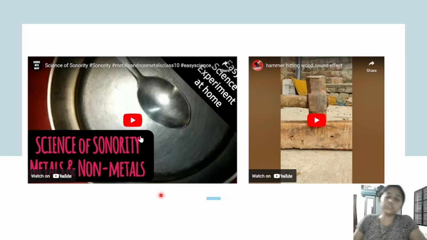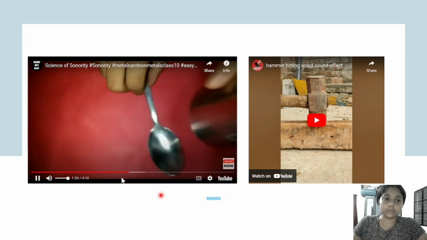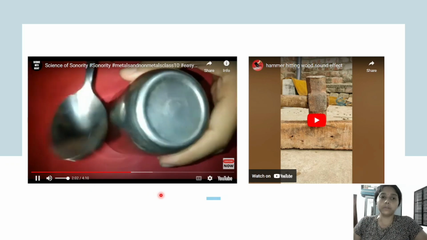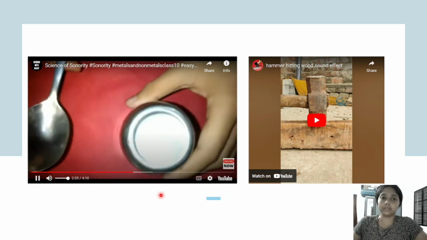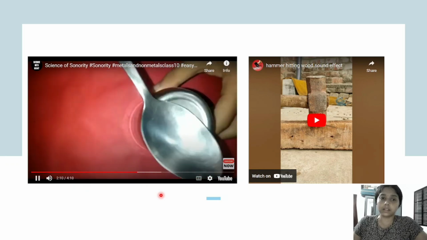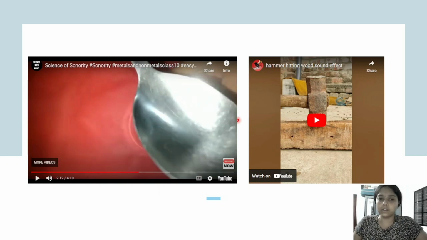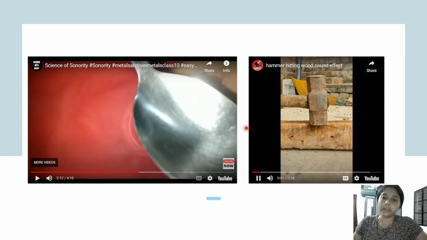Now take a spoon and take a plate. When I bang the plate and spoon against each other, a sound is created. Look at it. Yes, there is a tin tin tin sound, right? Now I took a hammer and now I am hammering a wood.